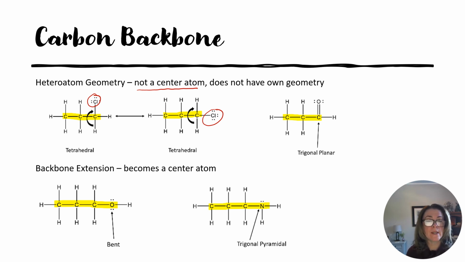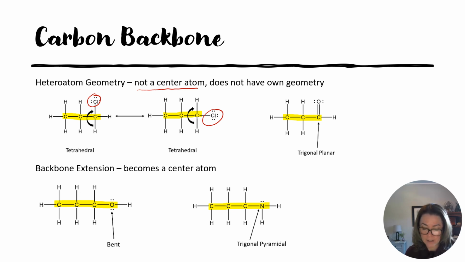When I am looking at my carbon backbone, I'm looking at just the highlighted area, and each of those carbons is single bonded. I have 4 unique bonding sites for each of those carbons, and so that is going to give me a tetrahedral shape. Okay. The chlorine does not have its own geometry because it is not a center atom.